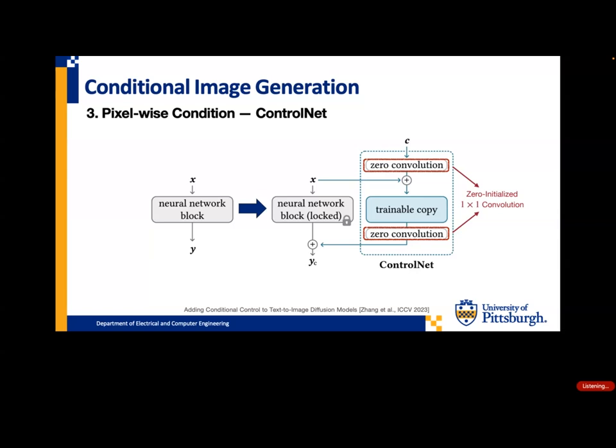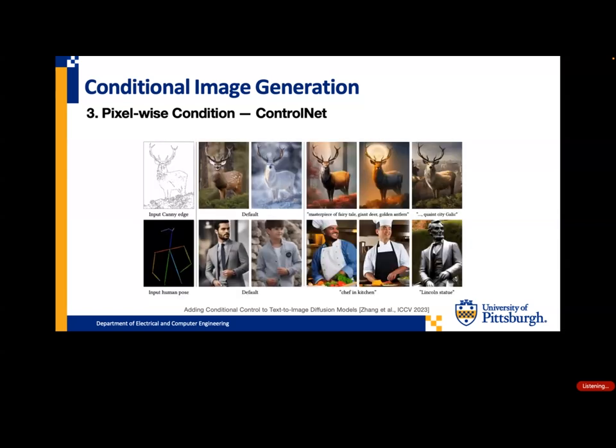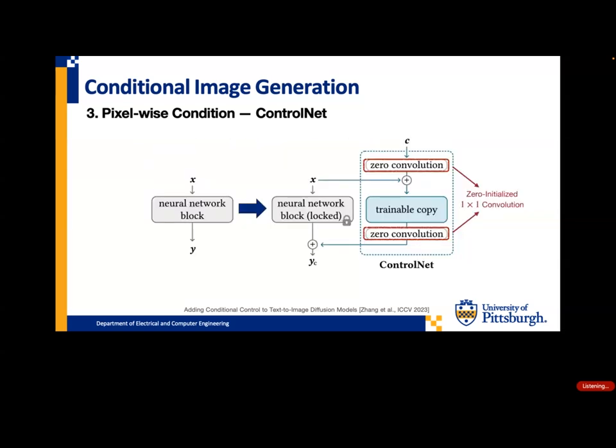For the condition, which is the skeleton, let's say the skeleton over here as an image, it goes through the trainable copy, and the noise goes through the diffusion process. X is noise, and we keep generating the next noise.